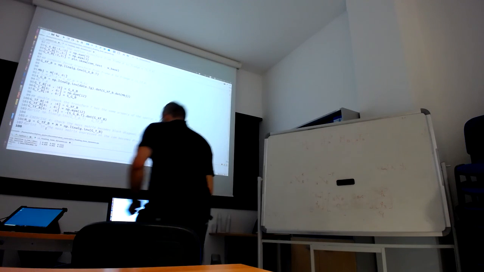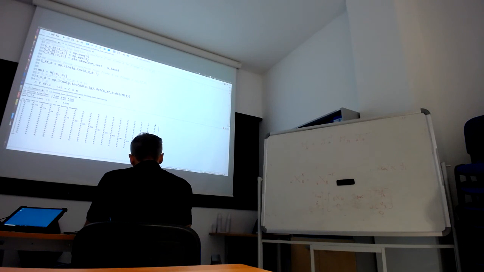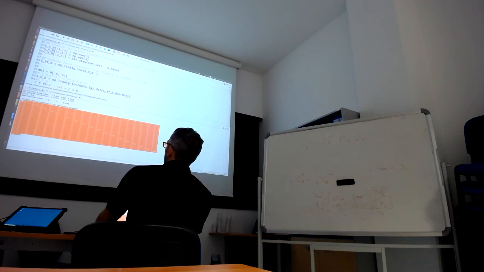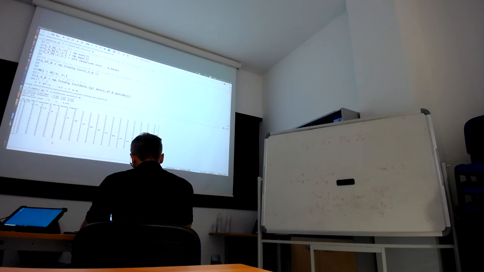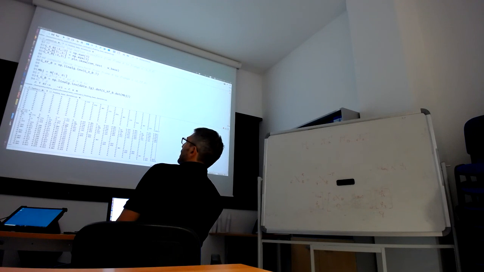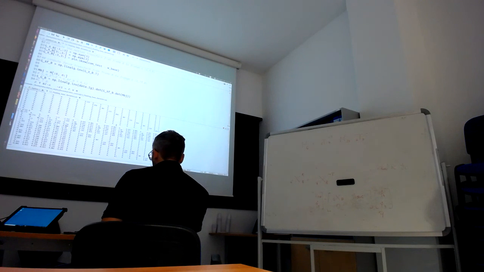So if we compute that and we print, we see that the matrix is completely diagonal, while before, when we printed M, it was not diagonal at all.